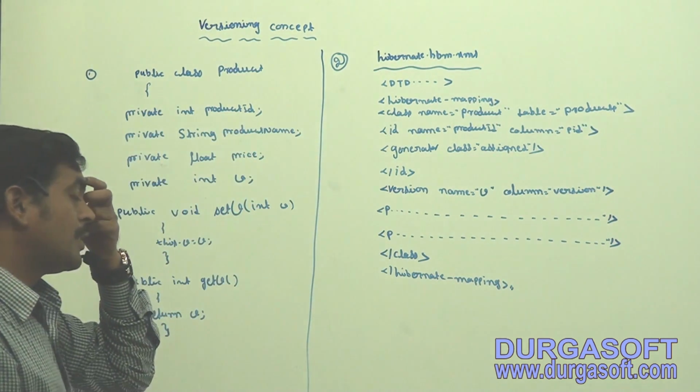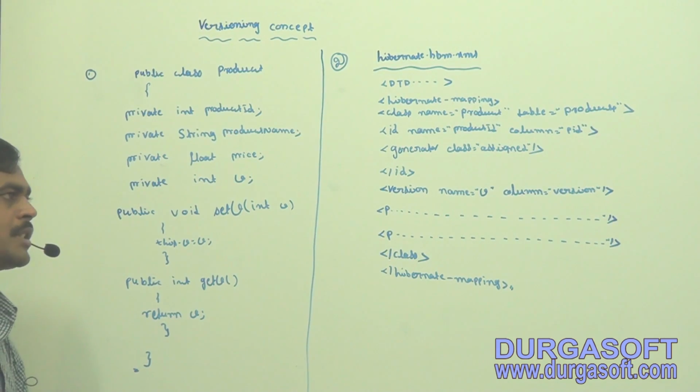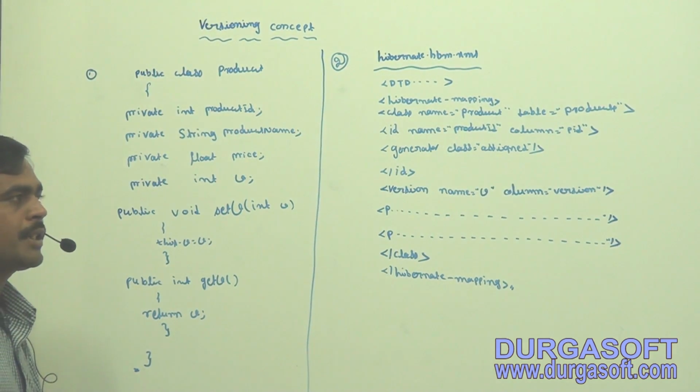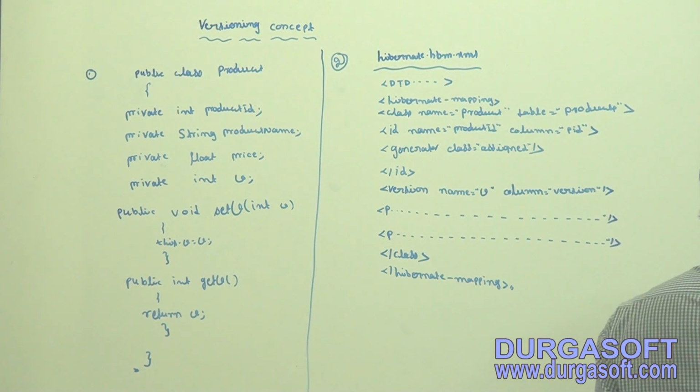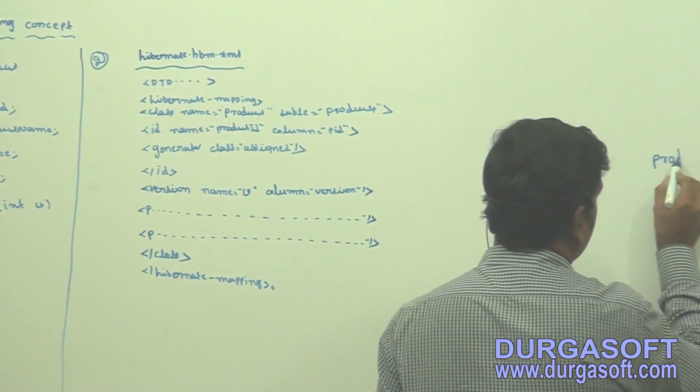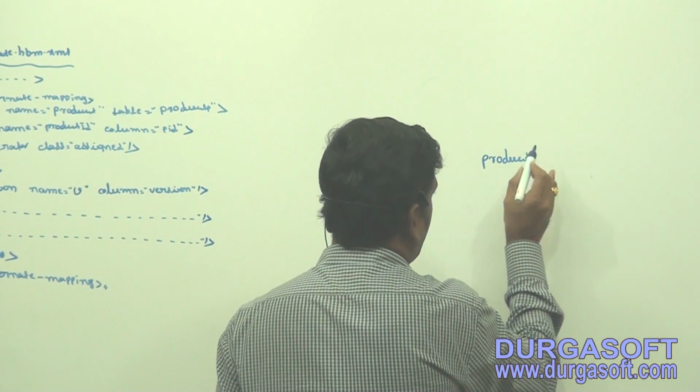Then next, whenever we are executing this application, we are going to get the output like this. This is the products table.